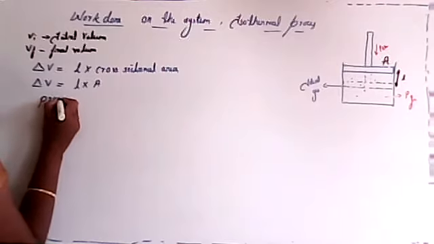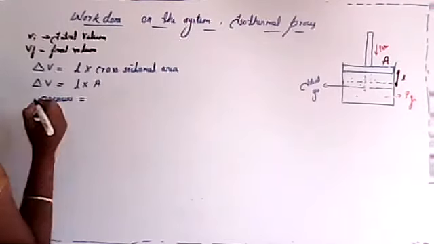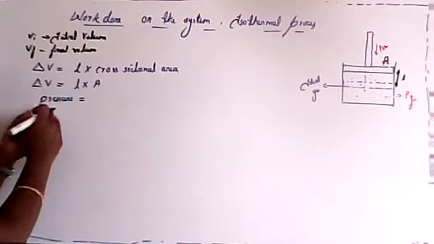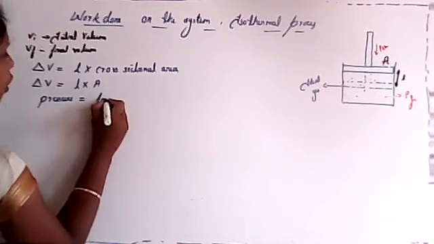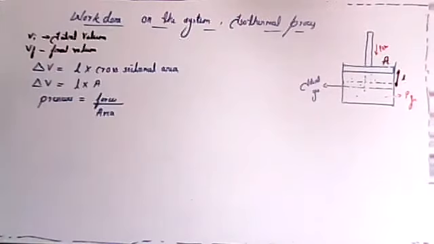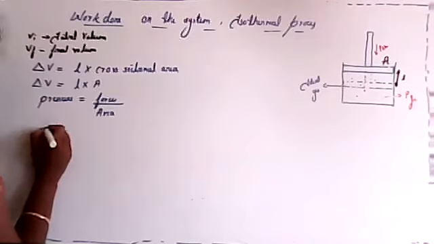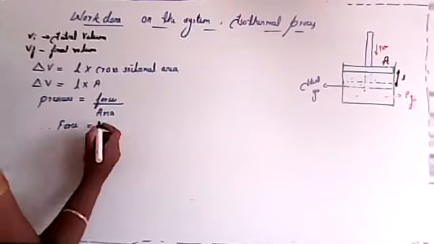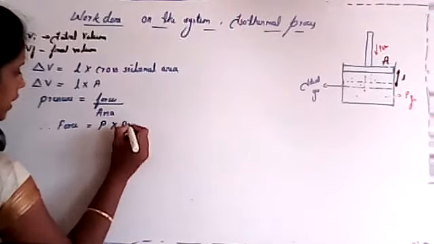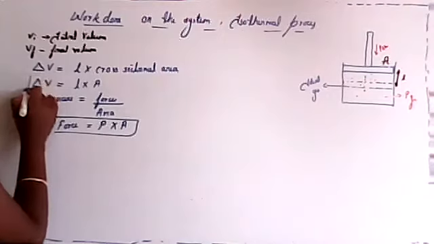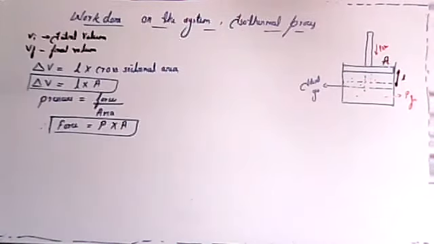What is the relationship between pressure and force? We already know. Pressure is equal to force divided by area. Therefore, force equals pressure into area, and delta V is nothing but L into A.